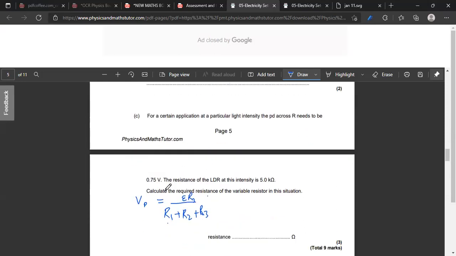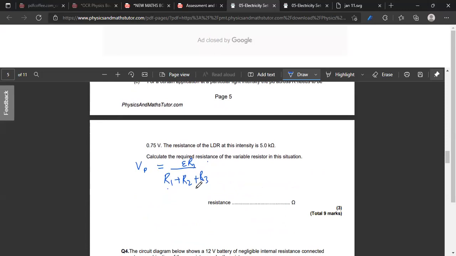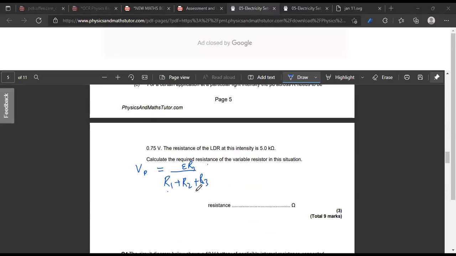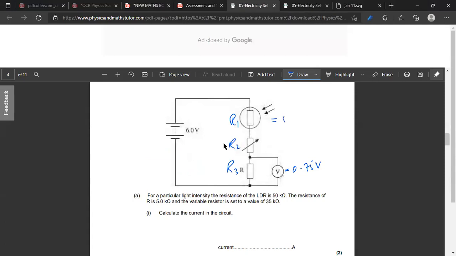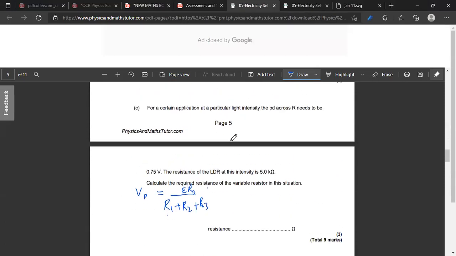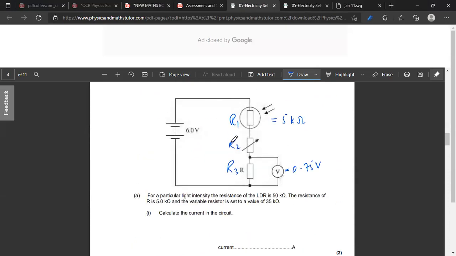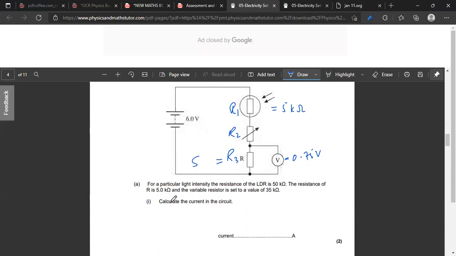The R1 that is given to us is 5 kilo ohms, if I'm right. Yes. And the resistance of R3 is also 5. We need to find R2 only.